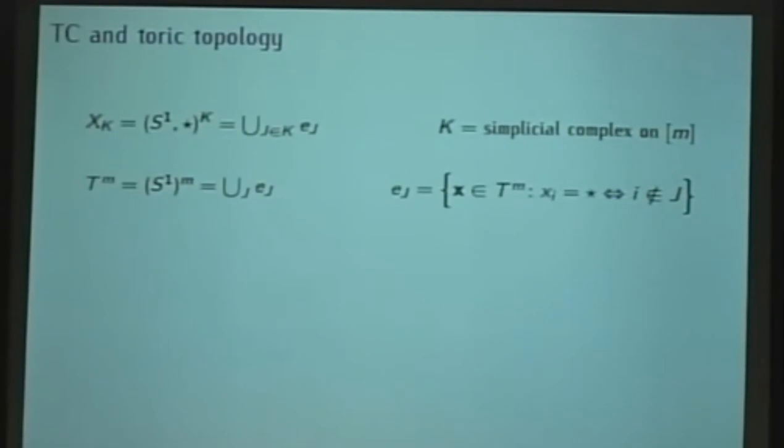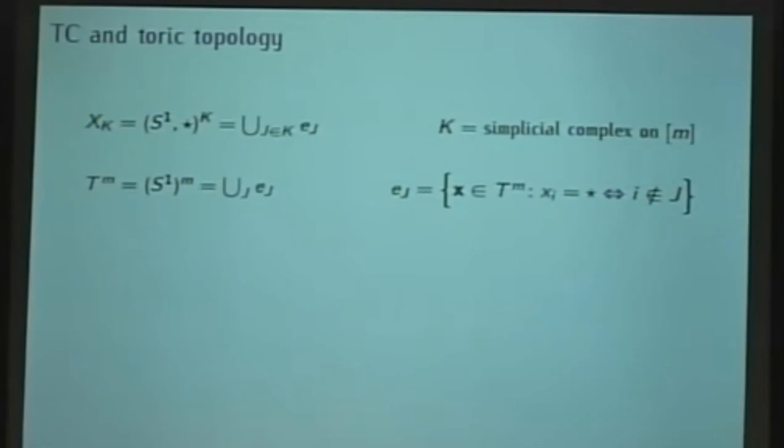That describes for you cells indexed by subsets J of 1 to m, where the J cell is determined by all such tuples so that the I coordinate is the fixed point, the base point, precisely when this coordinate does not belong to the simplex J. And in these terms, then XK is just the union of those cells determined by the complex K.